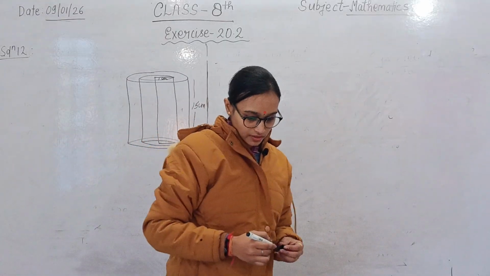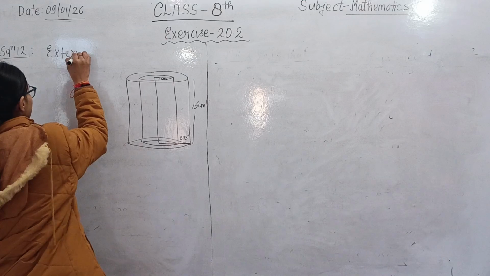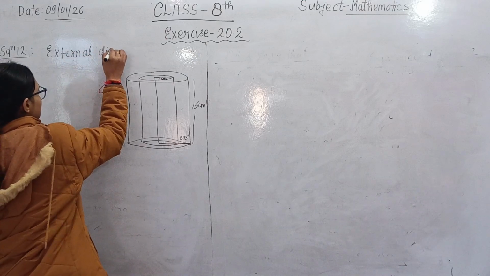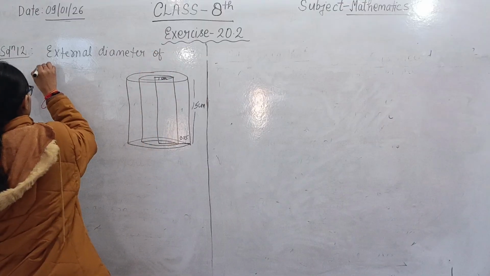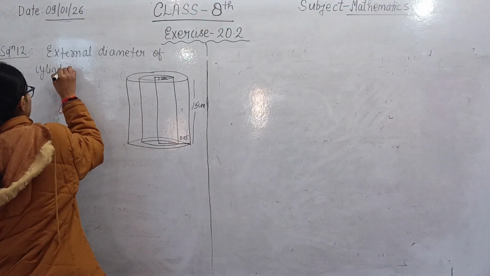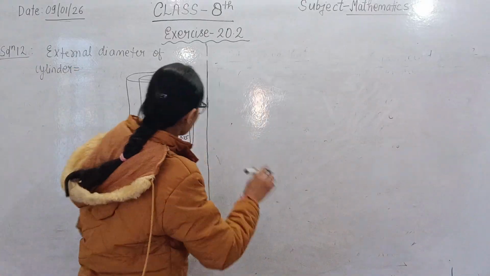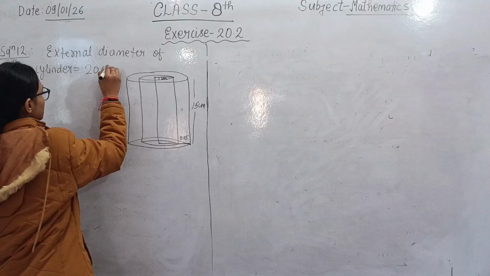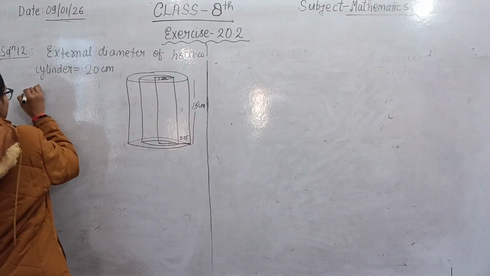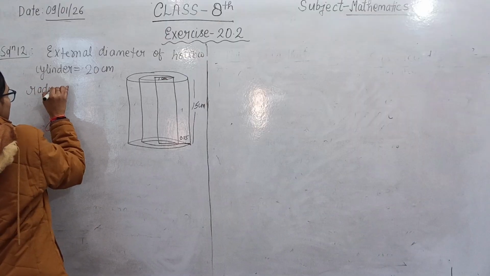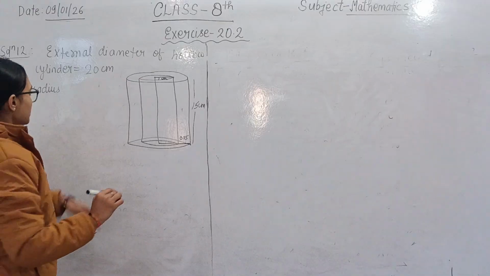So we are given that the external diameter of the hollow cylinder is given as 20 centimeter.